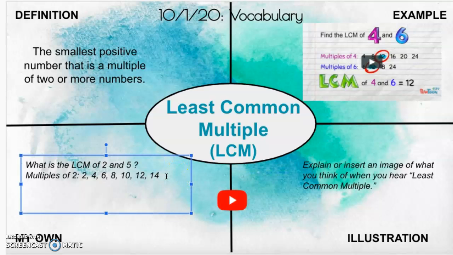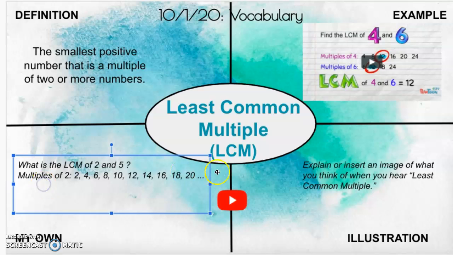So I'm going to have my multiples of 2, and then we'll need multiples of 5. There we go.